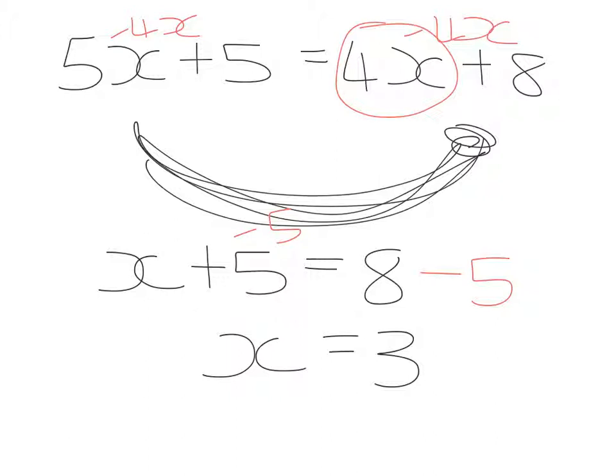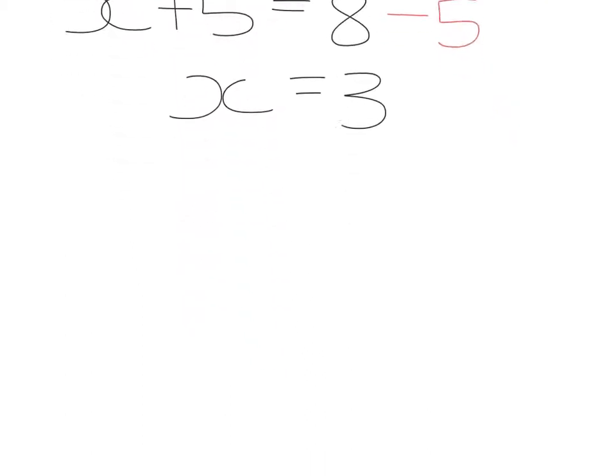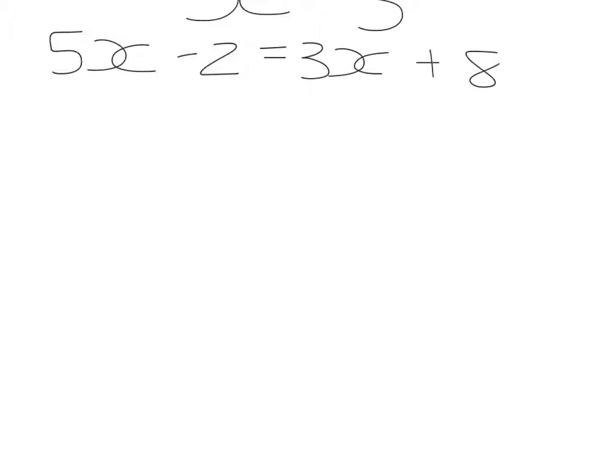All right, let's do another one so that you can feel how this works. This one is 5x take 2 is equal to 3x plus 8. Was that the same one that I just did? No, it wasn't. What do we start off with?